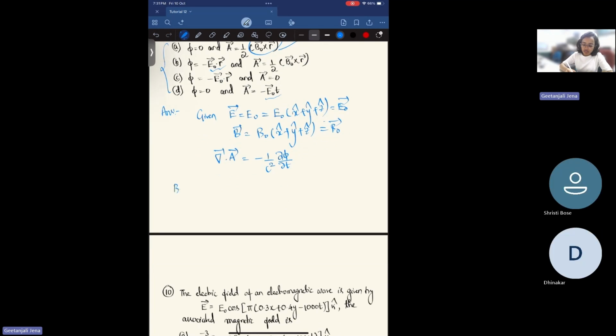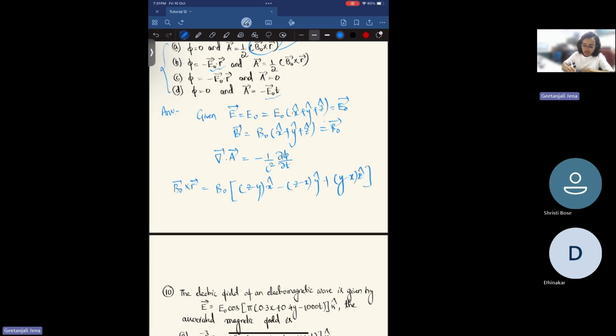B0 cross R is quite easy in Cartesian coordinates, and I'm just writing what the answer will be: z minus y, x k minus z minus x, y k plus y minus x k, or z k.